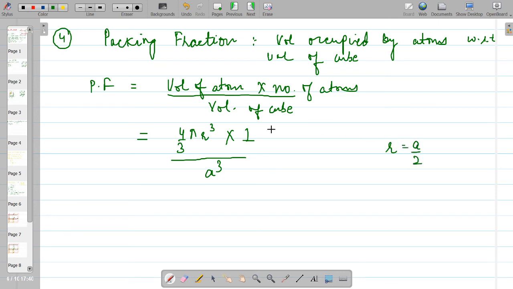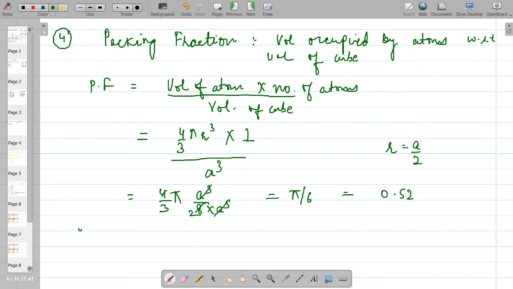We can put this relation in this equation and we will get 4/3 pi A cube divided by 8 into A cube. This A cube will get cancelled and it will become pi by 6. And if you solve this number you will get 0.52.